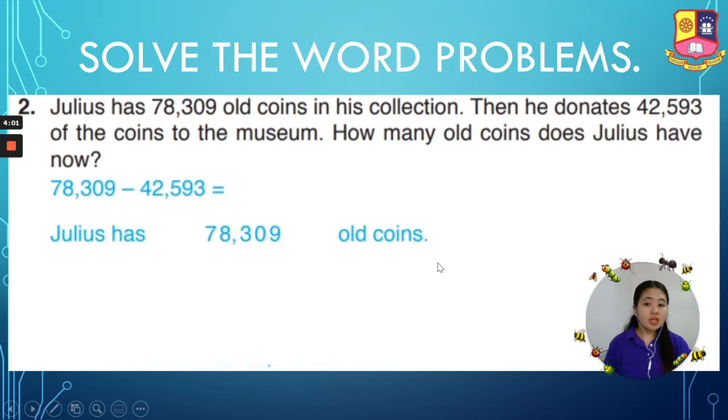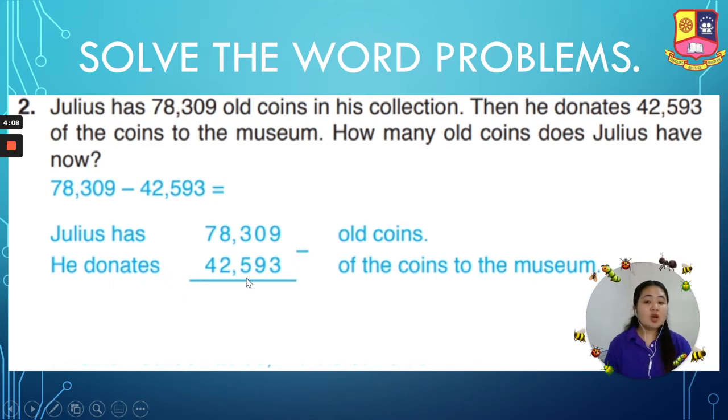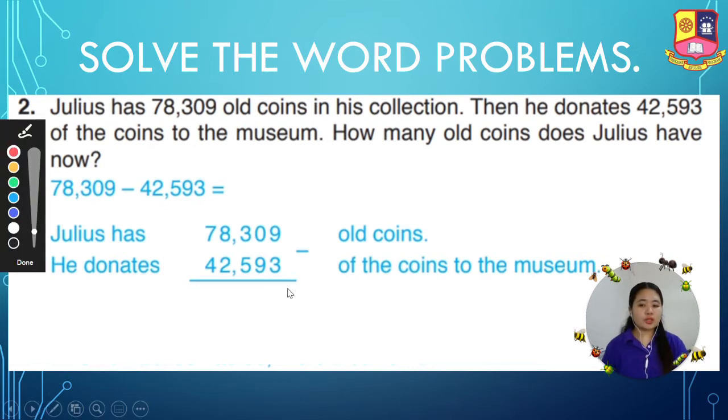Then Julius has 78,309 old coins, then he donates 42,593 of the coins to the museum. Let's try solving that one. 9 minus 3, the answer is 6. Then 0 minus 9 cannot, so we have to borrow here. This will become 2 and this will become 10.